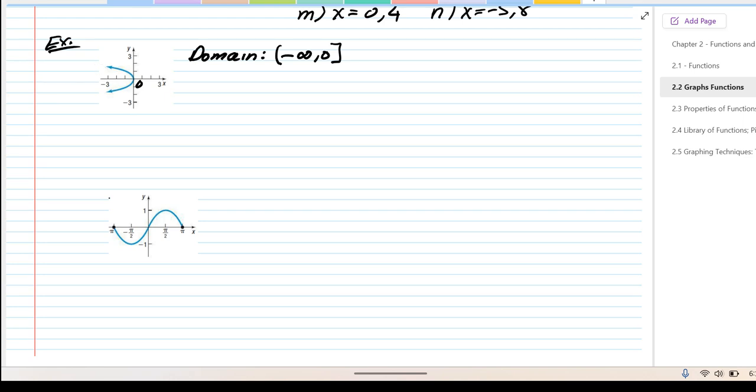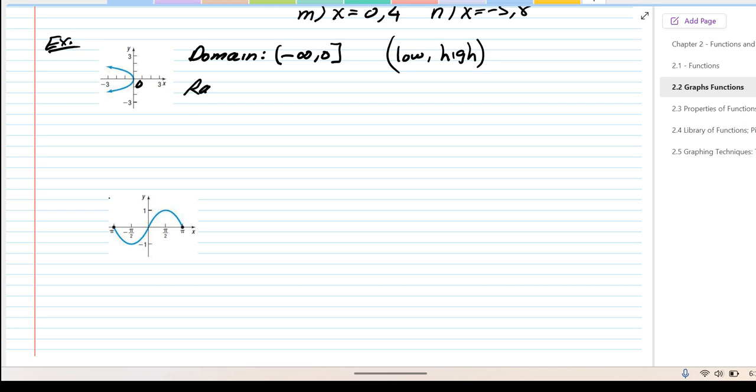In interval notation, you always go from low to high, whether it's bracket or parentheses. So -infinity is the lowest. What about the range?